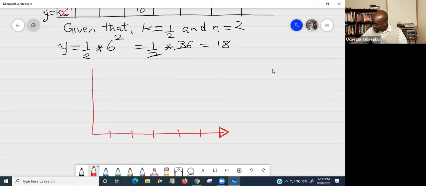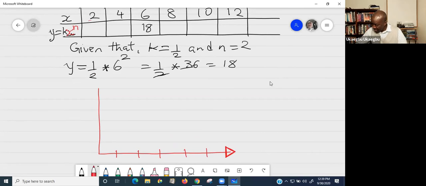And then this one is already 18. So you may use something like 5, 10, 15, 20, 25, or you can use 10, 20, 30, 40, 50. So you select your scale based on your minimum and the maximum. You make sure that your maximum is accommodated in your scale.